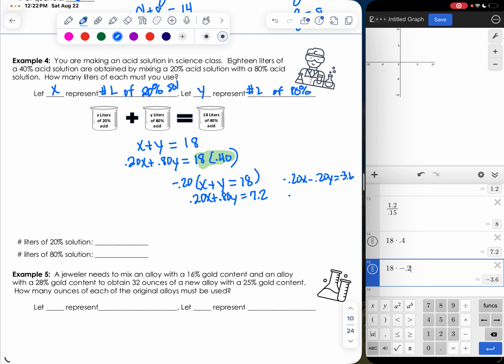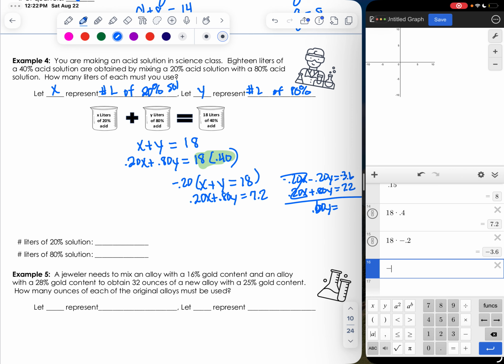Don't do anything to the bottom equation. Now add these two equations together. So this would be 0.60y equals negative 3.6 plus 7.2, and that gives me 3.6.